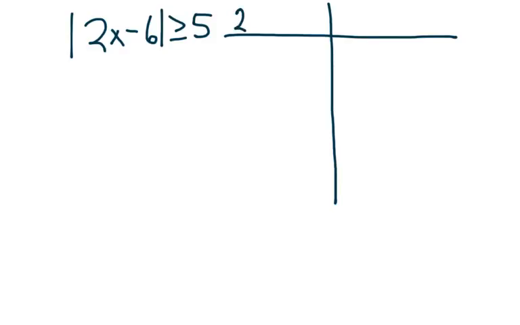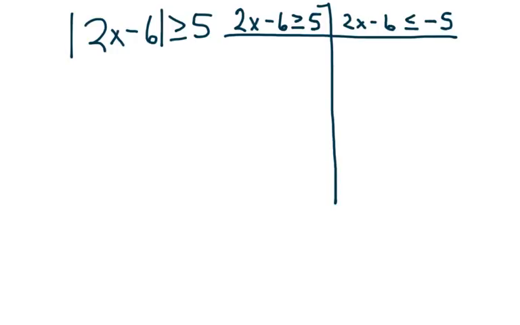I'm just going to copy this down on the left side: 2x minus 6 is greater than or equal to 5. And on this side, I'm going to write 2x minus 6 is less than or equal to negative 5. I did two things: I switched the sign of the 5, and I also flipped the inequality.